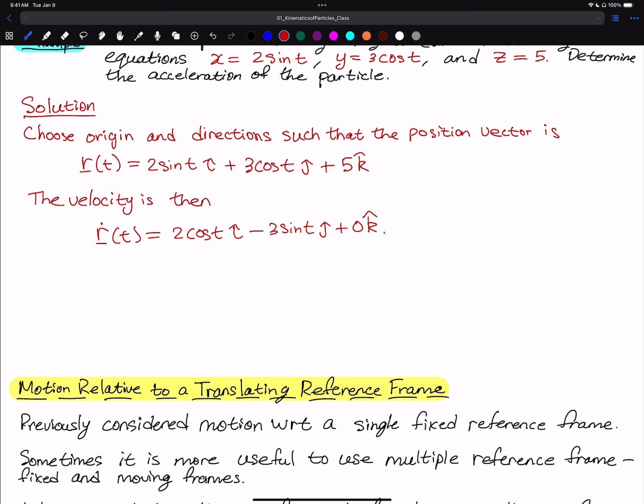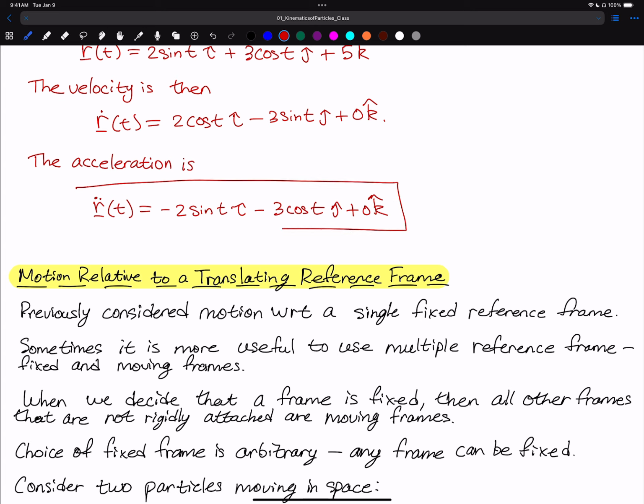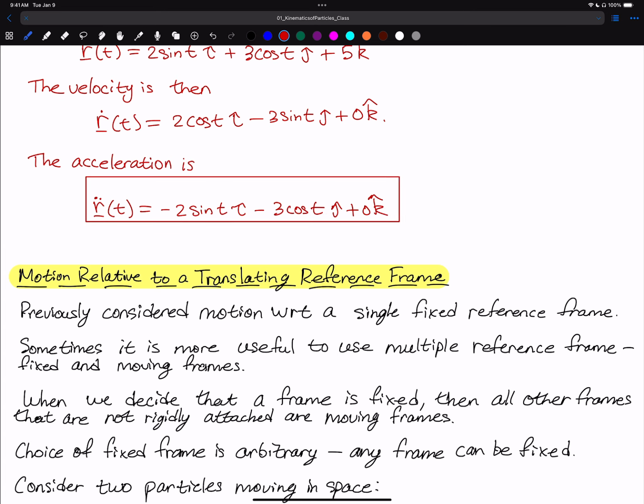And then from there we compute a derivative again, and the acceleration, which we write as r double dot, is equal to minus 2 sine of t i minus 3 cosine t in the j direction plus 0 k. And that is the solution to the question asked.